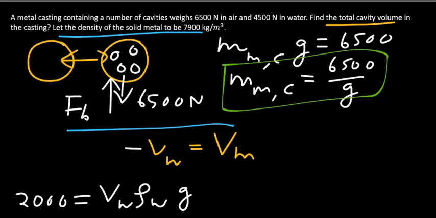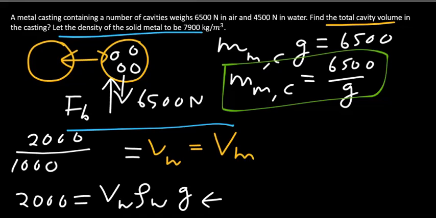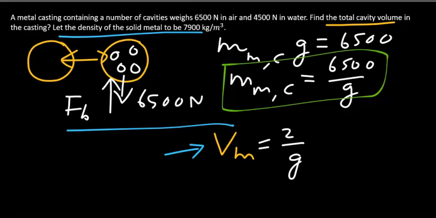So since the volume of water displaced from this equation is 2,000 over the density of water, 1,000 in SI units, times G, which means it is 2 over G, that must also be the volume of that metal without any holes inside. So it's 2 over G. This is where we use the Archimedes principle in this problem.